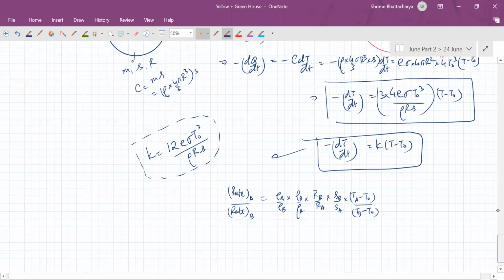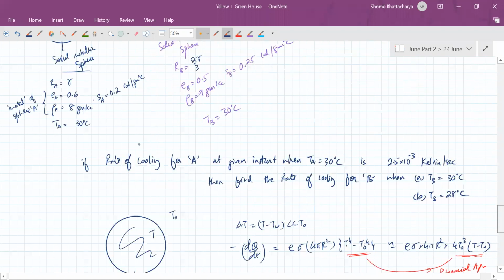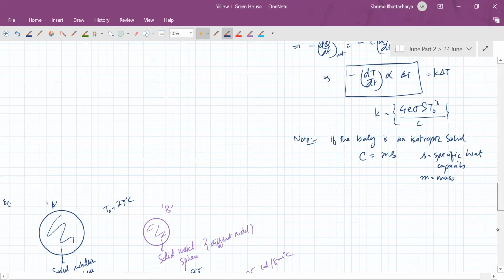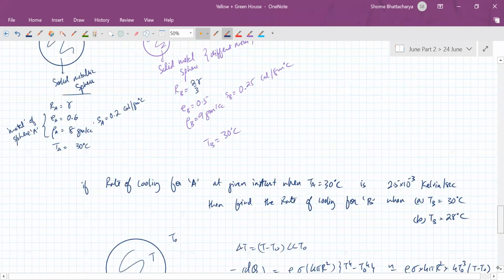So you can see that the ratio of emissivities is 6/5. Densities is 8/9. So let's just pick up all this data.